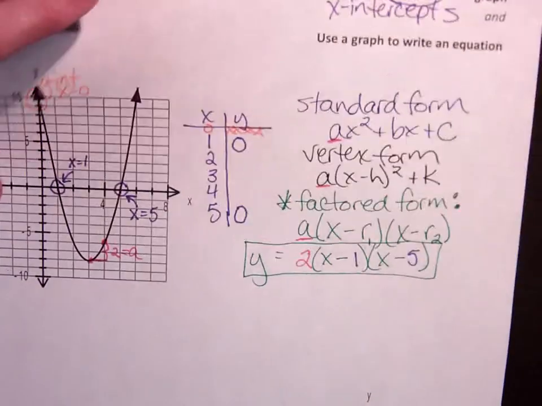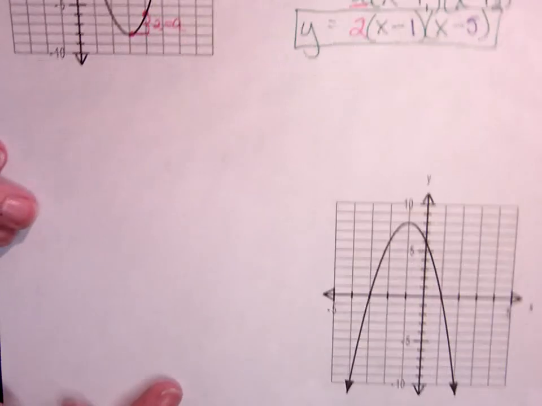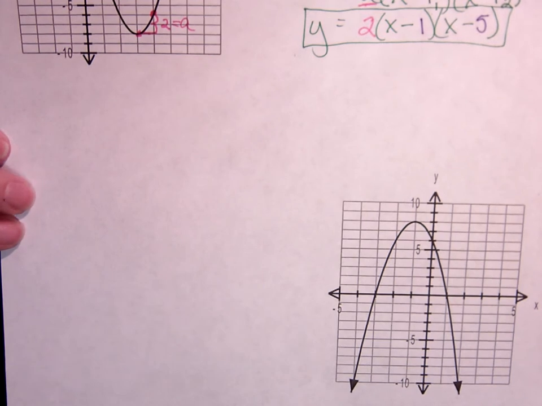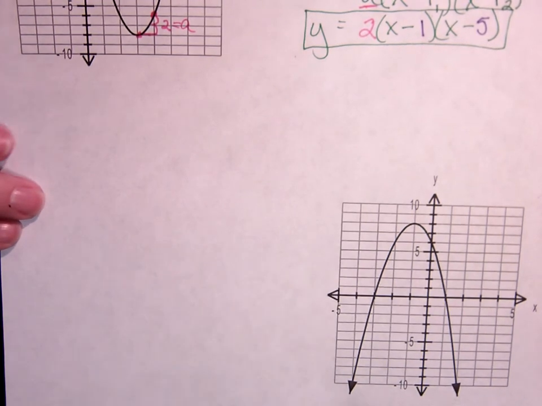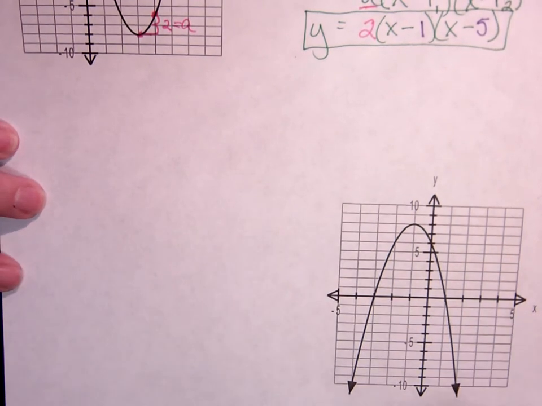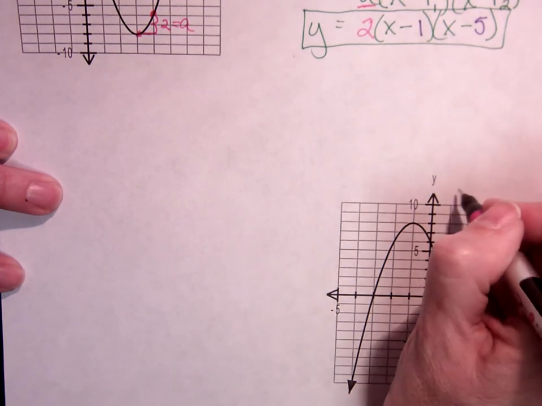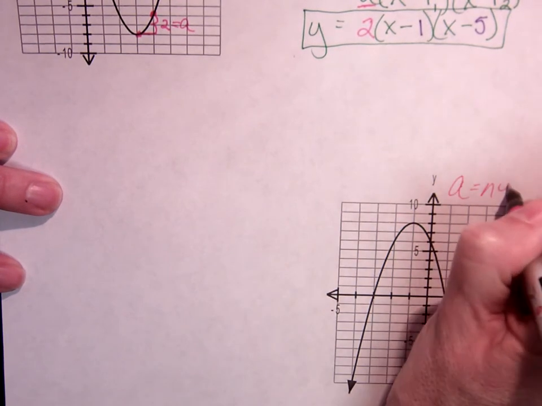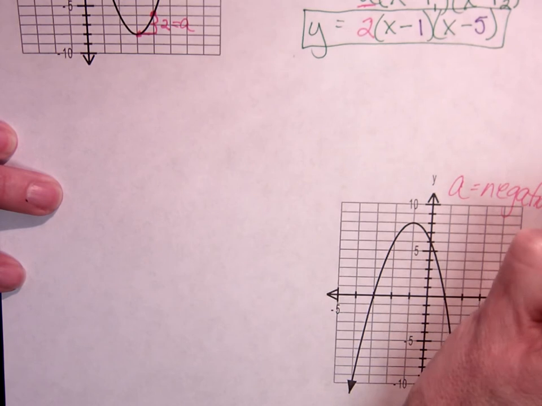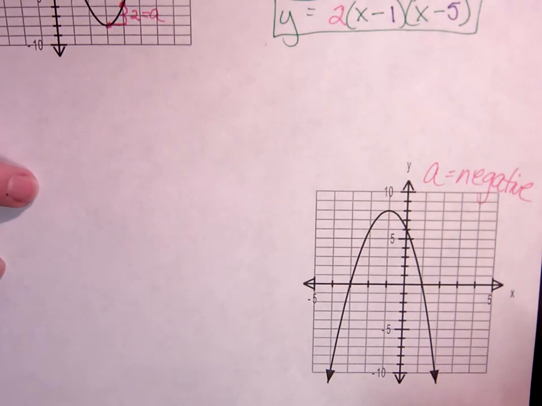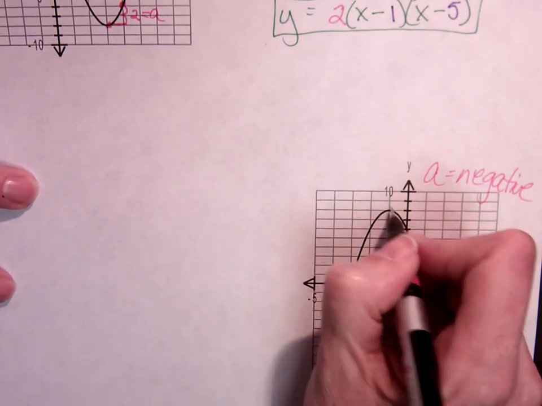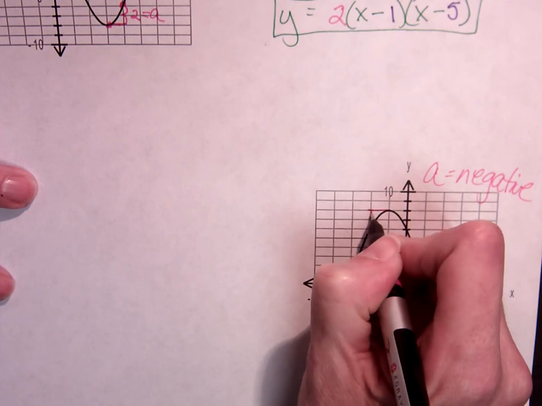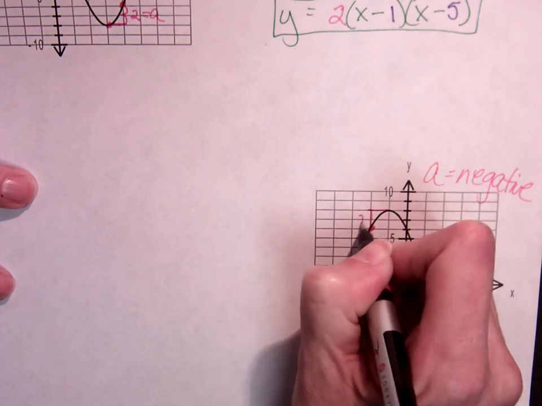Well, let's grab a second one. Already, because this one is facing downwards, it's opening down, I know that my A value is negative. And if we move to the side and count down, in this case, it's 2.